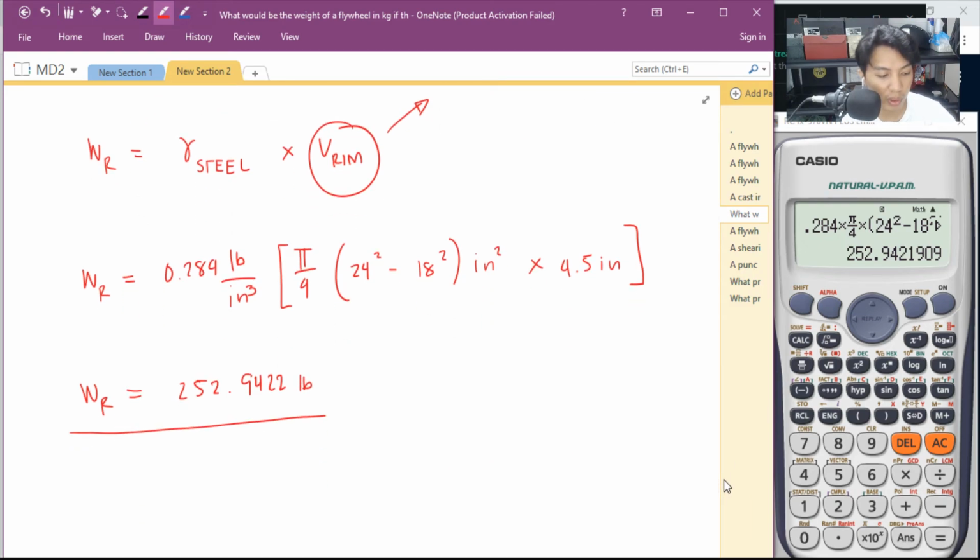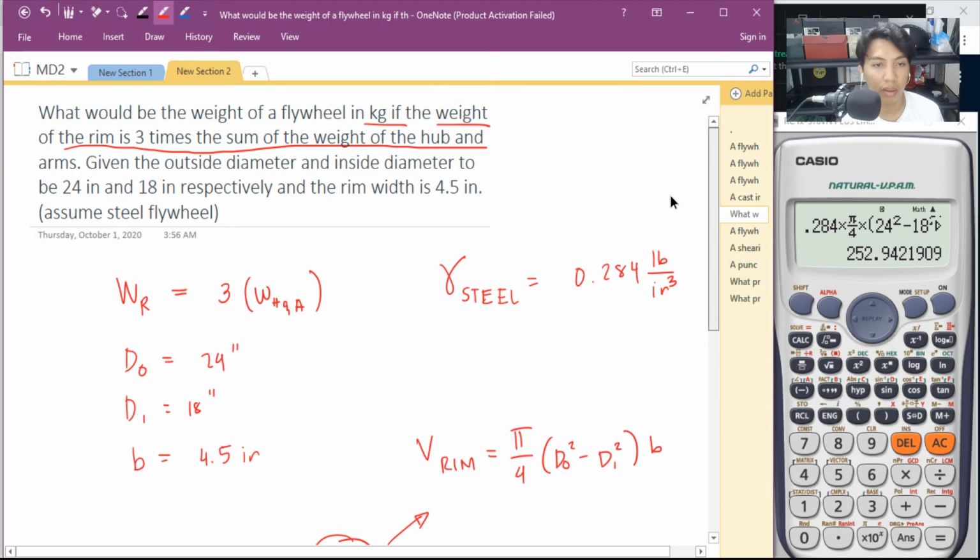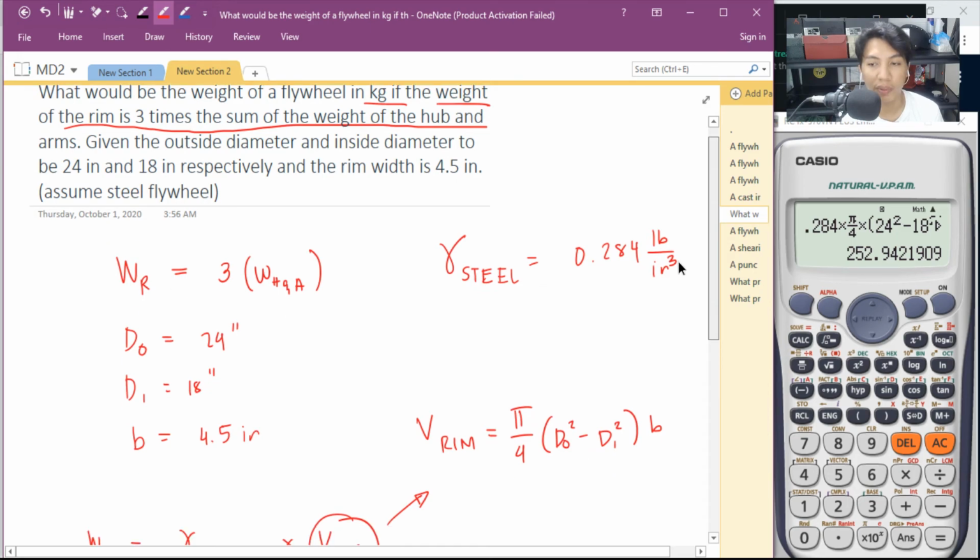Now, for the total weight, what is being asked? The weight of the flywheel.